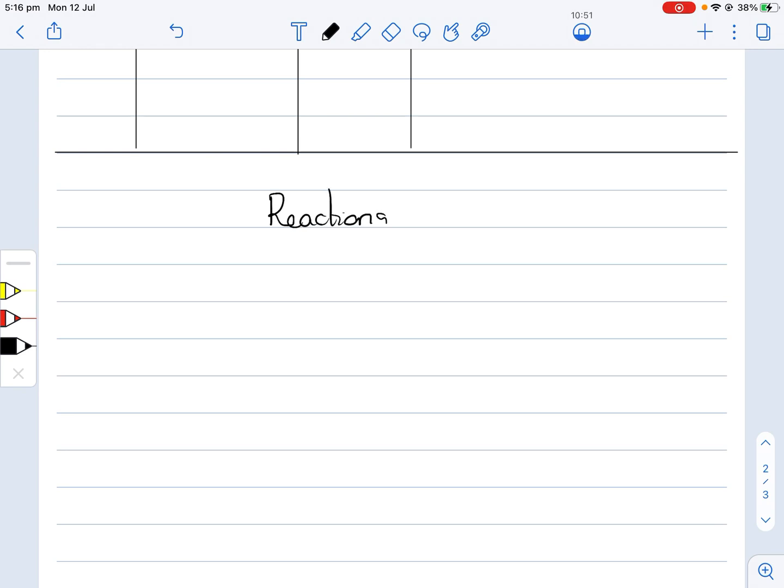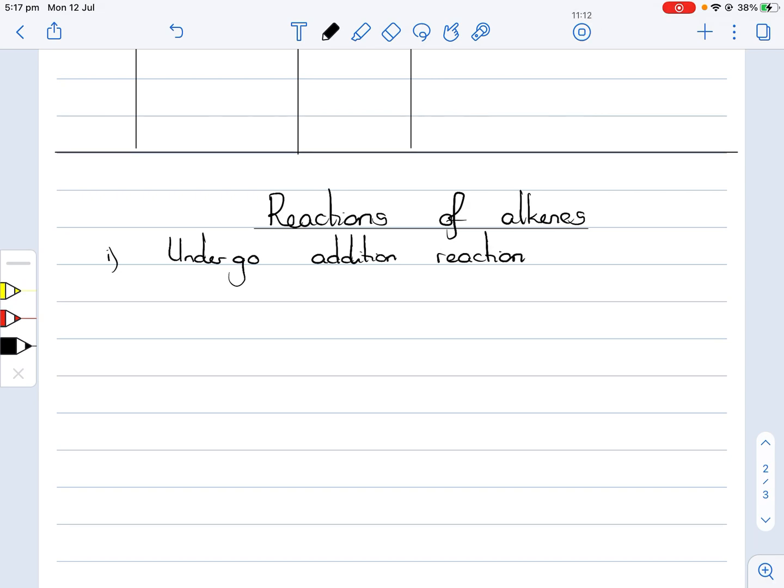Reactions of alkenes. Now, earlier on, I stated that alkenes undergo addition reactions. They undergo addition reactions because they are unsaturated.